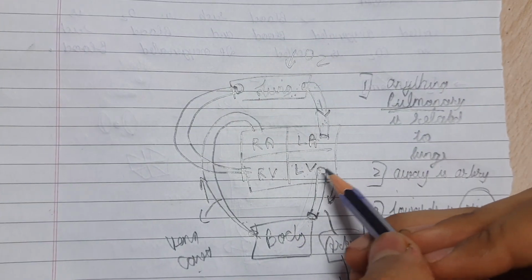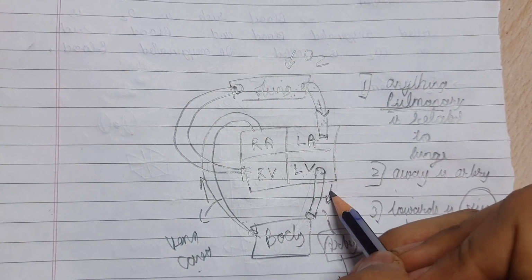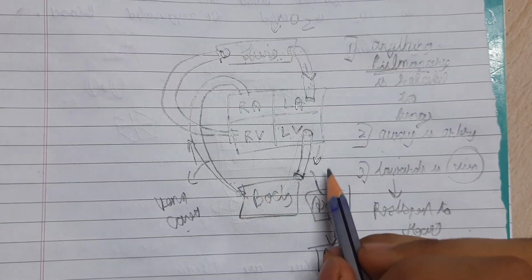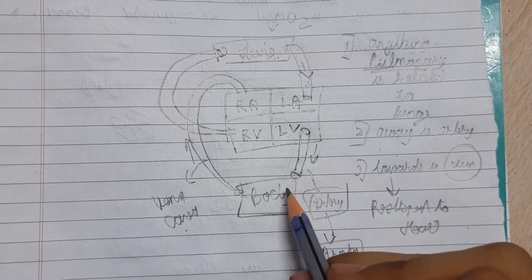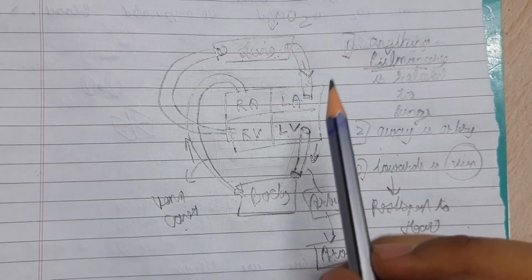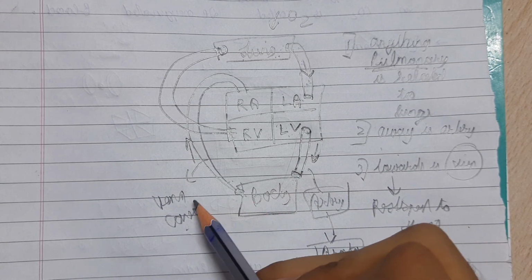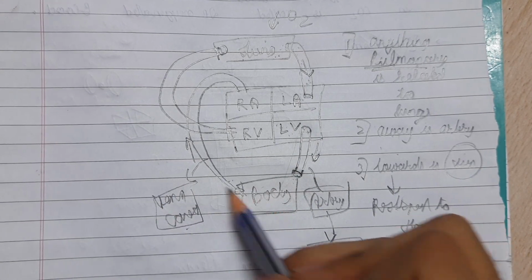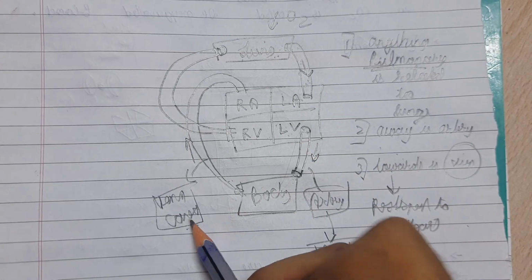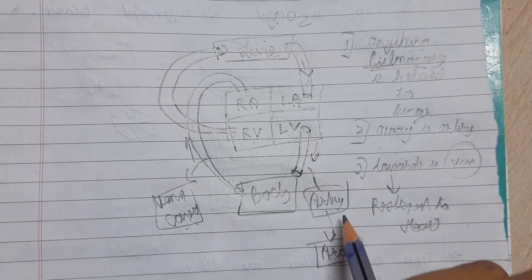And this is away from the heart, and away is artery, which is the aorta. No pulmonary in any vessel which goes to the body, only put pulmonary in the names which are related to the lungs. And this is a vein which goes from the body towards the heart. Towards the heart is vein, which is the vena cava. Now this vena cava is a vein, and this aorta is an artery.